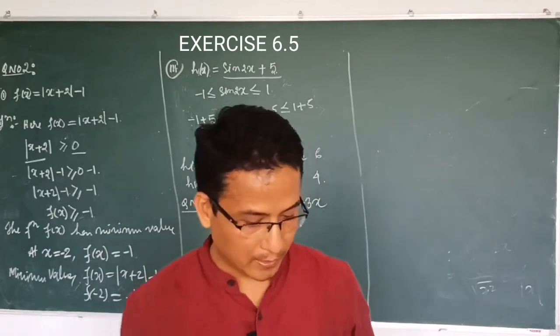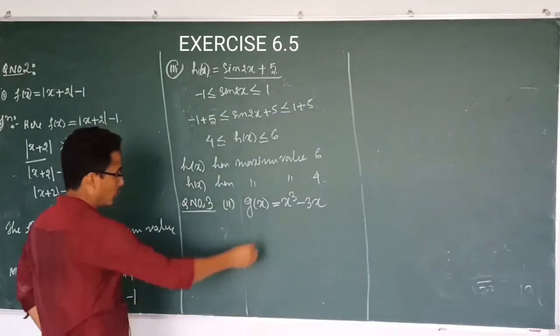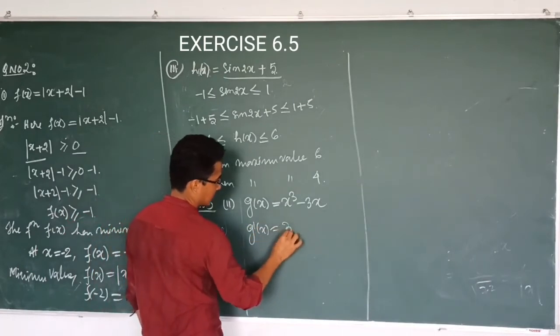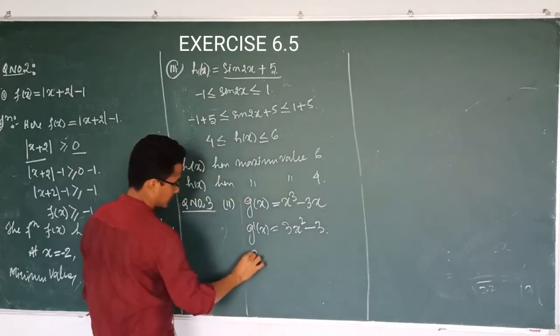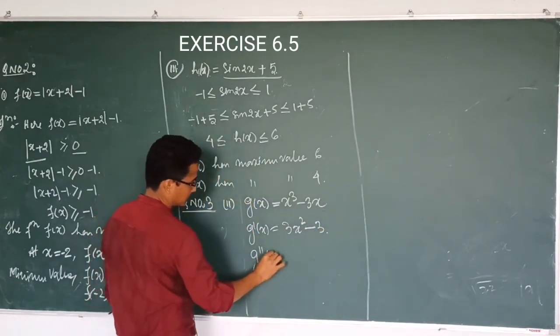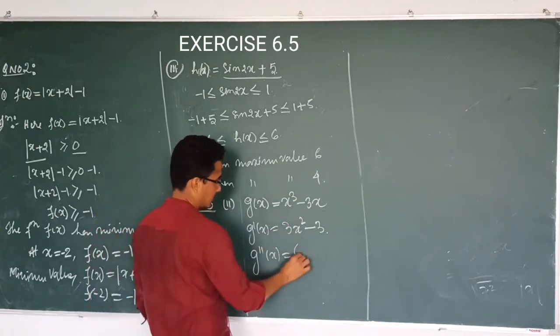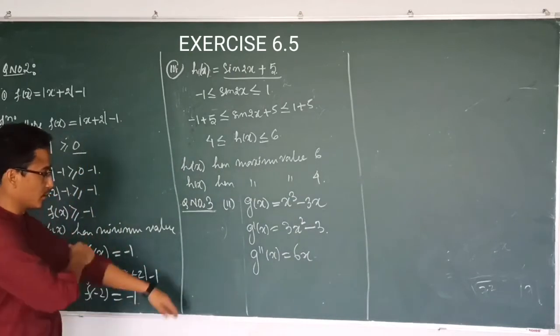So we are going to find local minima and maxima. So what can we do? We find g dash x, that is 3x square minus 3, and double dash again. So what we will get? 6x.